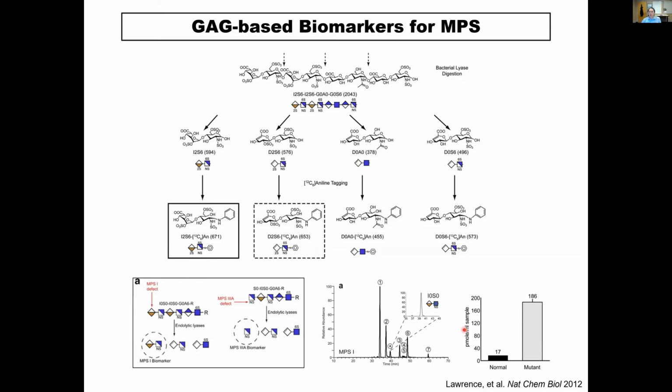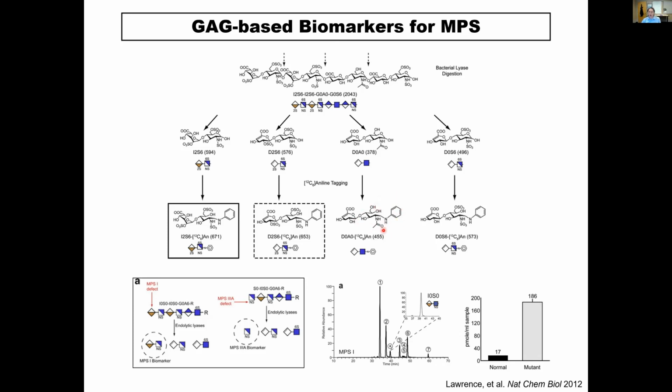And so when you run these out, for instance, on a liquid chromatography system, you can see that different disaccharide subunits of, for instance, heparan sulfate separate out really nicely. And what we can do is spike in standards that contain, instead of a normal aniline, C13 aniline, where all the carbons are isotopically labeled.